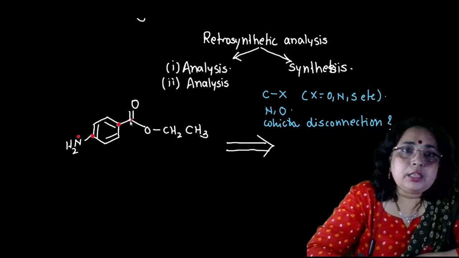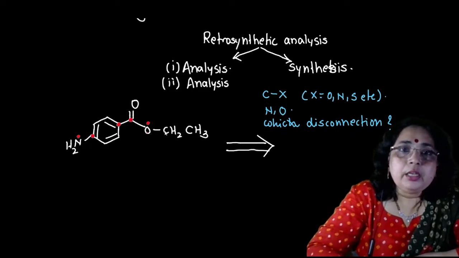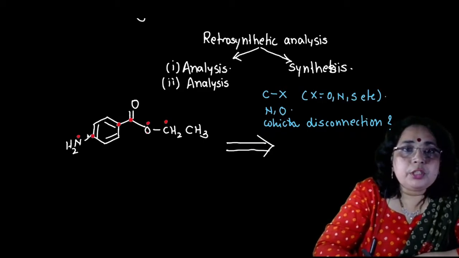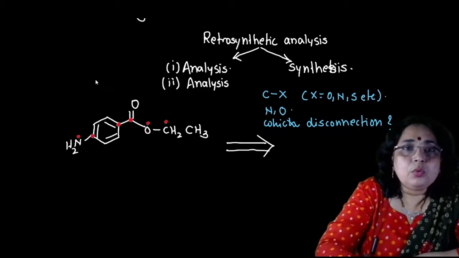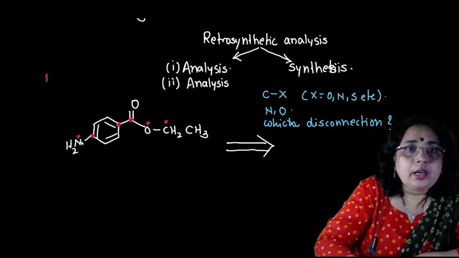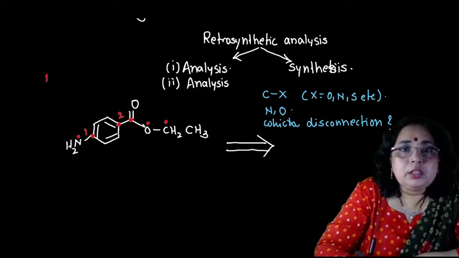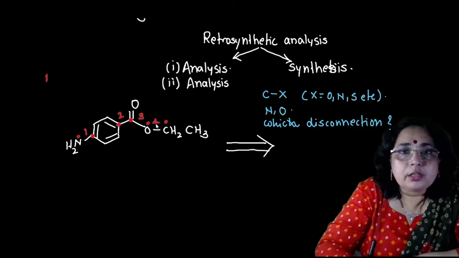This is another center. This one is the third center and this one is the fourth center. So once again I am going to explain. This is your first center, this is your second center, this is your third center and this is your fourth center.